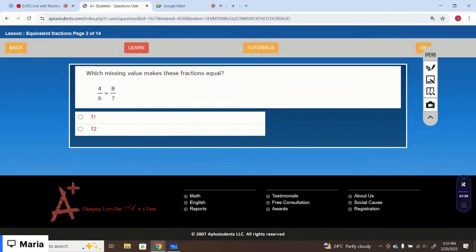Which missing value makes the fraction equal? So which is the correct option? 4 by 6 equals 8 over.